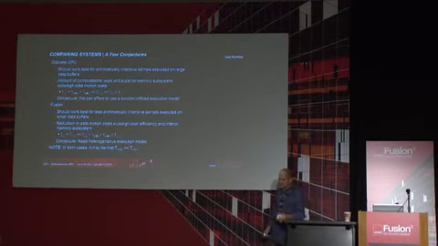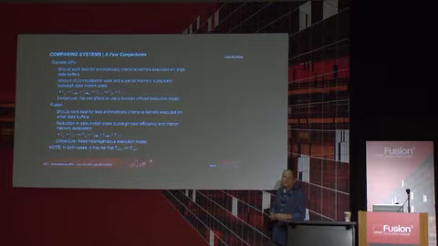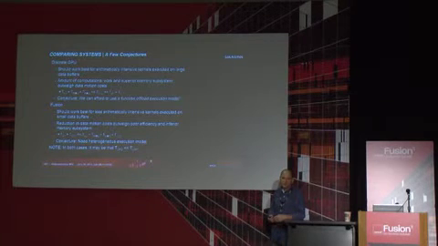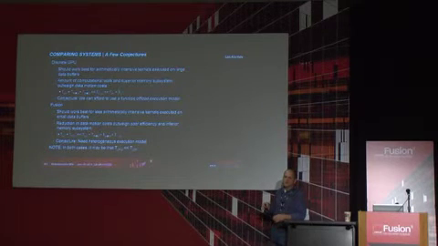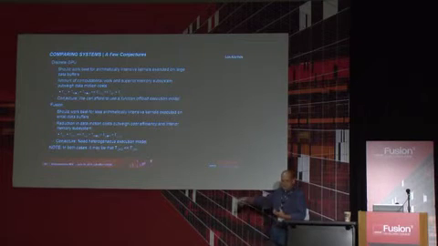So these are my conjectures about what I would expect to see from comparing a system that had a discrete GPU versus the Fusion. And we've seen this before with experiments that we've done with our multi-core CPUs versus GPU.